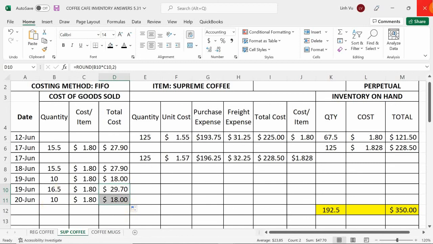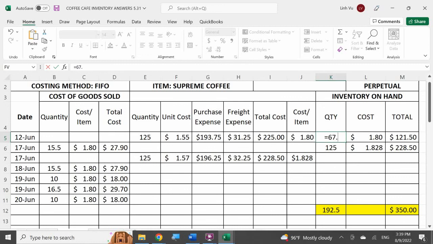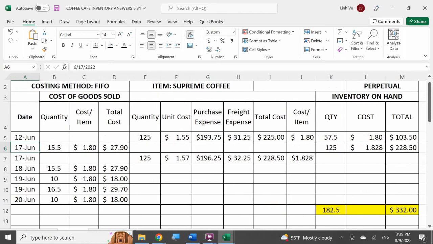Okay, so let's update my inventory once again. 67.5 minus 10 will give you 57.5. Just to ensure your calculation is correct, 121.50 minus 18 will still give you 103.50, so that's correct. Okay. So you have a remainder of 57.5 pounds at $103.50.